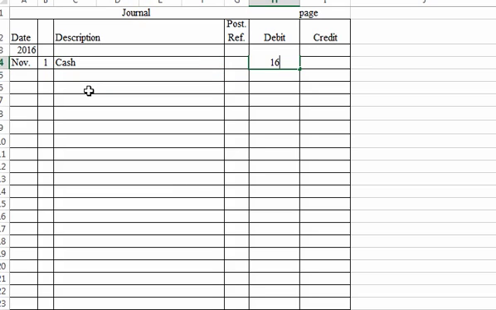Quite a bit more. And we'll credit notes payable for the same amount, the amount they borrowed, $16 million. Okay, that takes care of number one.